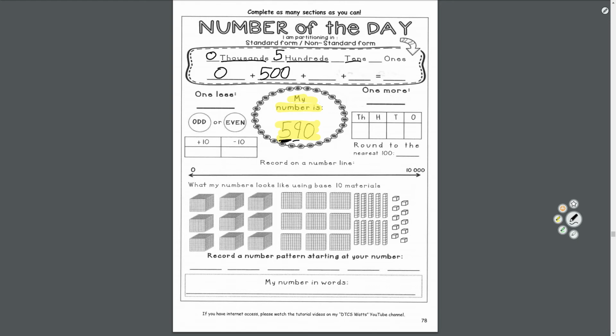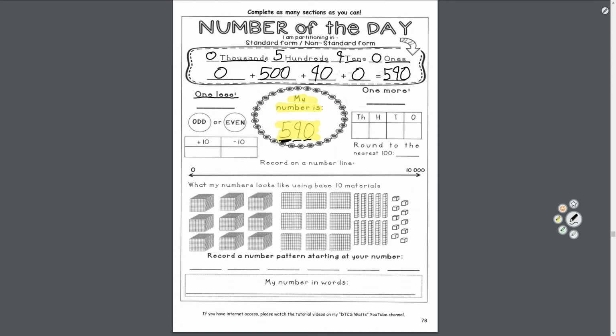Tens place, 9. 9 tens equals 90. And ones place is 0. 0 ones equals 0. So 0 plus 500 equals 500. 500 plus 90 equals 590. 590 plus 0 equals 590. And that matches our number, so we did it right.